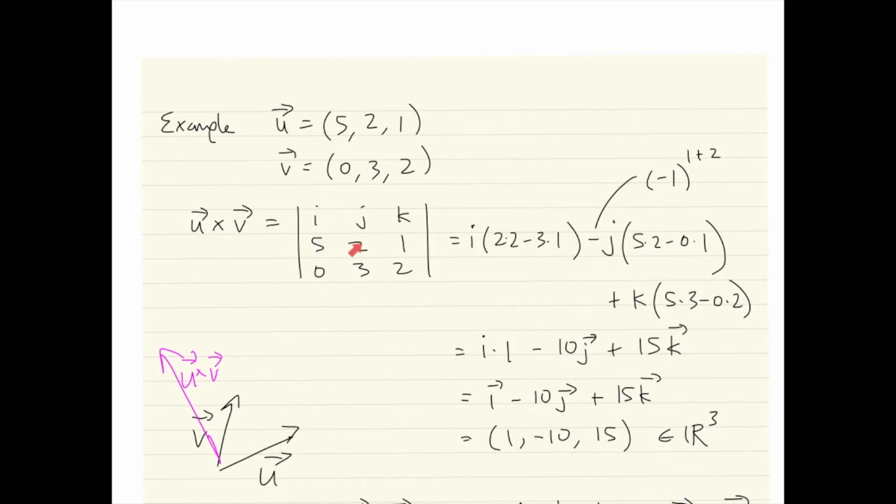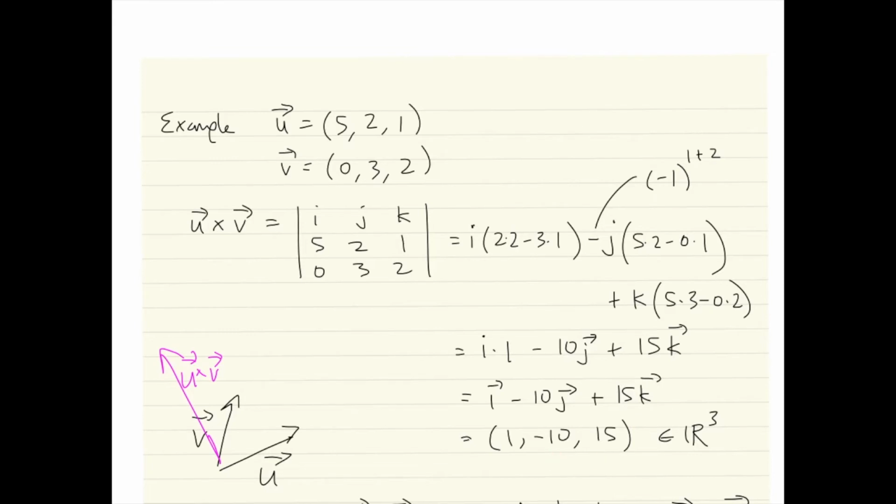Take the determinant of the matrix 5, 2, 0, 3, the main diagonal, take their product, subtract off the off-diagonal. Then doing the arithmetic, we get i times 1 minus 10 times j plus 15 times k. It's typical to write the coefficients in front of the vector, so that's why the order has been interchanged. So this is our vector, our cross product.